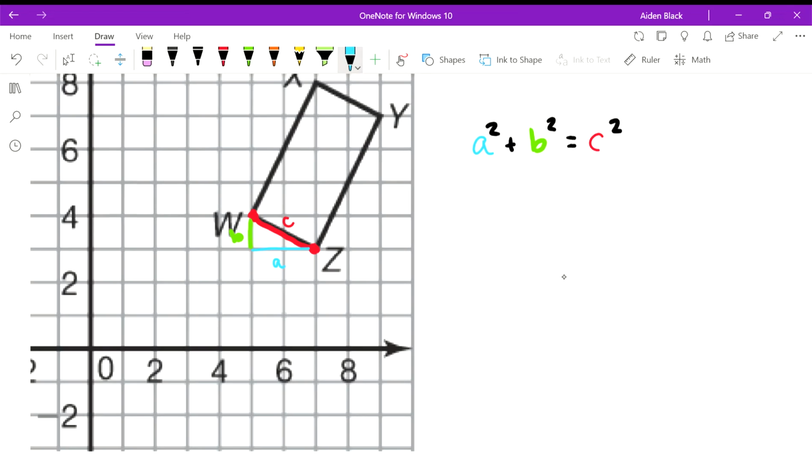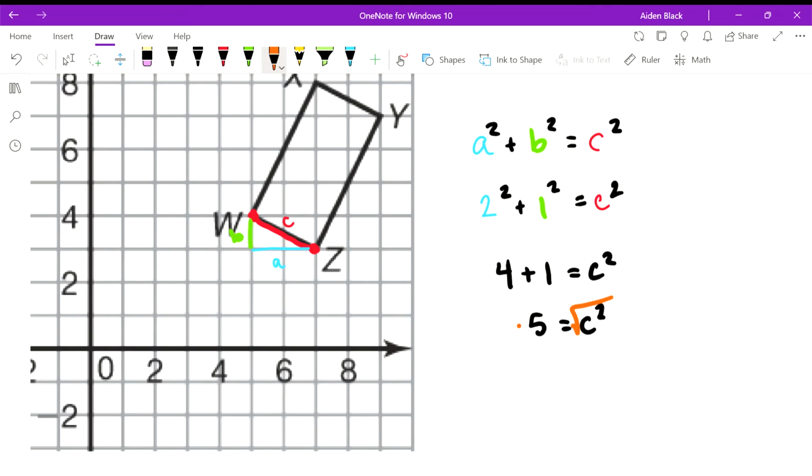In this case, we know A is 2 units, we know B is 1 unit, and this will help us find C. So we end up with 2 squared, which is 4, 1 squared, which is 1, equals C squared. So we get 5 equals C squared. And if we take the square root of both sides, we see that C is equal to the square root of 5.